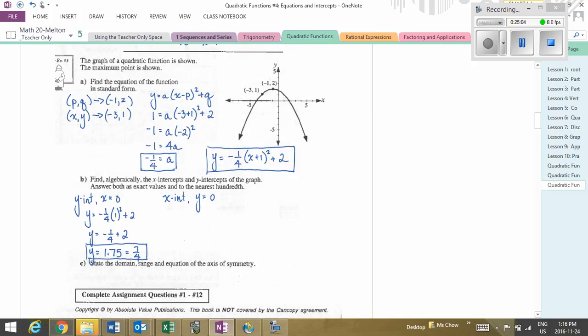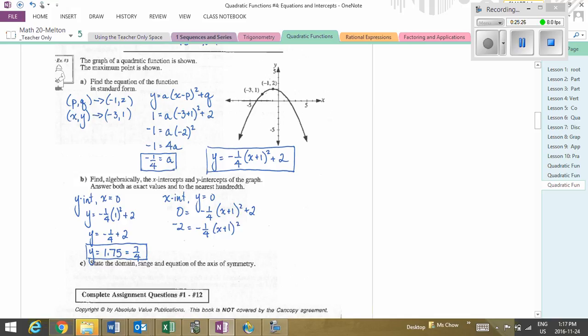For my x-intercept, then we know that y is equal to 0. So again, take our vertex form, our standard form, set y equal to 0. So that's -1/4 times x plus 1 all squared plus 2. So then I will subtract 2 from each side. So -2 is equal to -1/4 times x plus 1 all squared.